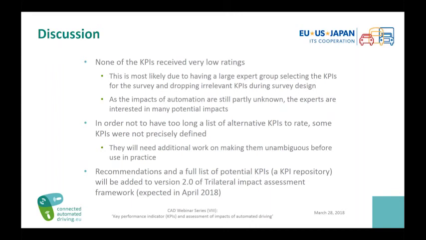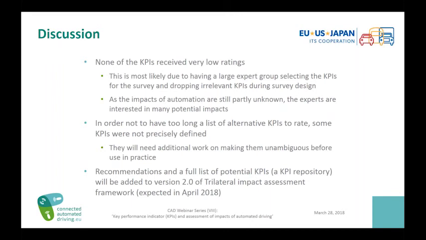Some overall observations about the results. Well, none of these KPIs received very low ratings. This is partly due to the fact that we had a rather large group of experts selecting the KPIs that we would propose in the survey. So we were like 20 persons designing it over the last springtime.